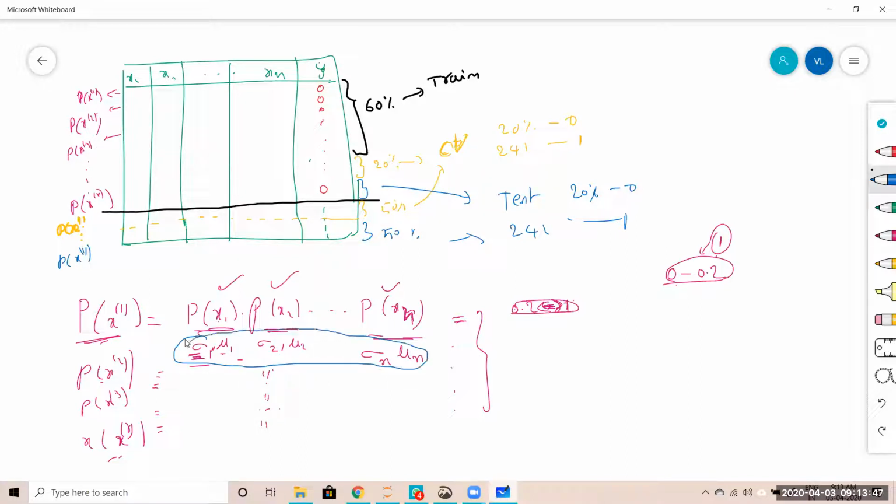Is that a right approach? Did you guys get my statement? While calculating probabilities for the test set and cross validation set, I am using mu's and sigmas calculated on the train set. Is that a right statement, right approach?